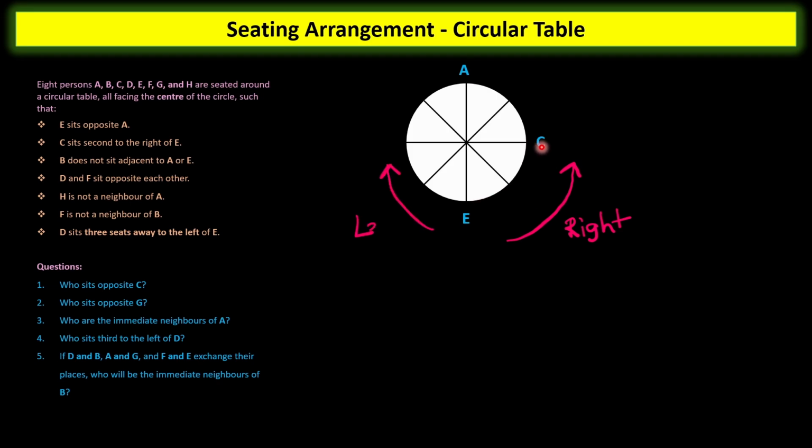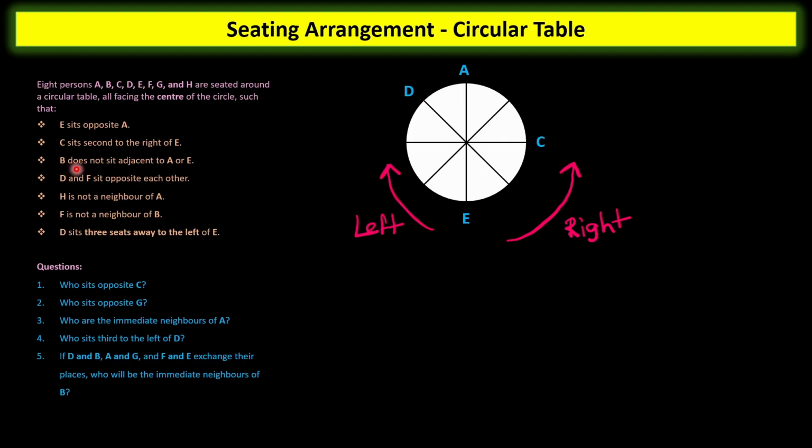Afterwards, the left of E is this side, and at position 3, the person D can be seated as the last clue says. So D can be fixed here.